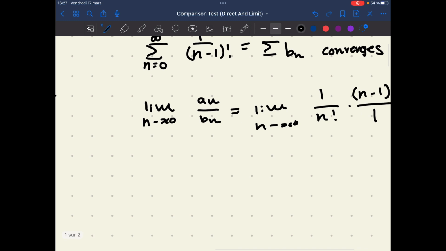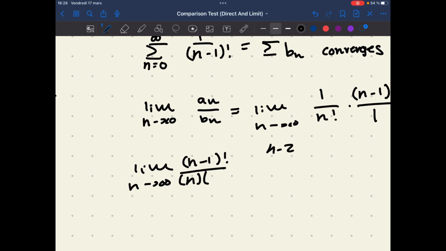The next term after n factorial would just be n minus 1 factorial. For example, if it was n minus 2, your next term would be n minus 3. You have this at the bottom and this at the top, so they cancel. This gives you the limit as n approaches infinity of 1 over n, which is equal to 0.